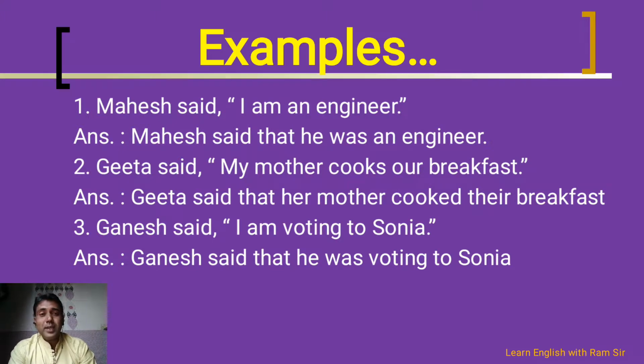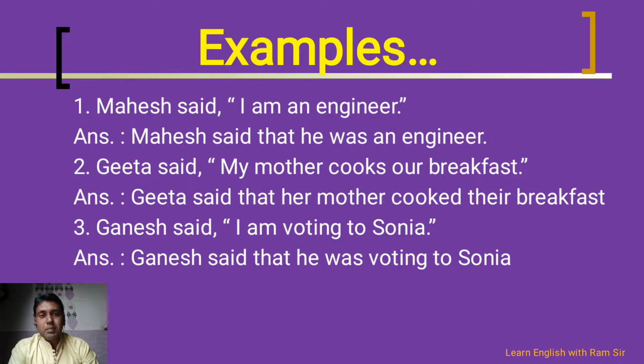Rules are very clear. The first rule is, if you would like to solve the example of assertive sentence into indirect speech, you have to think about the reporting verb first. If said is there, you have to use said. If said to is there, that time use told.